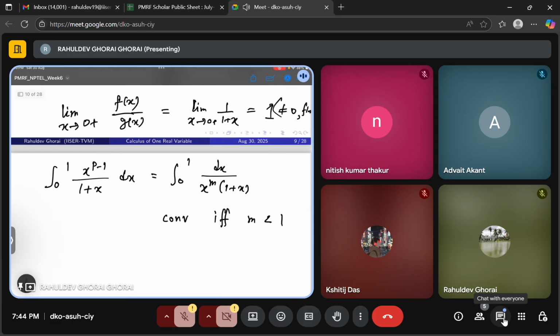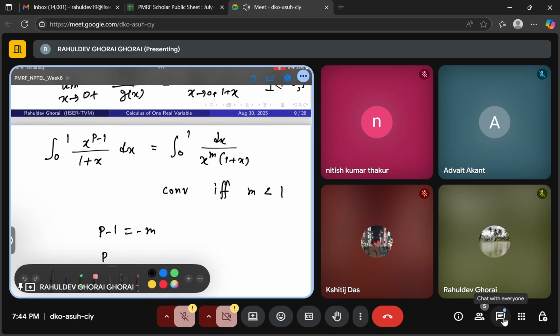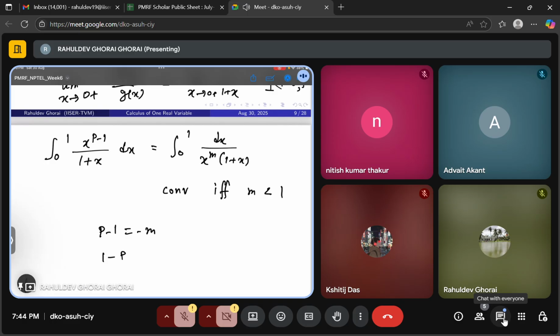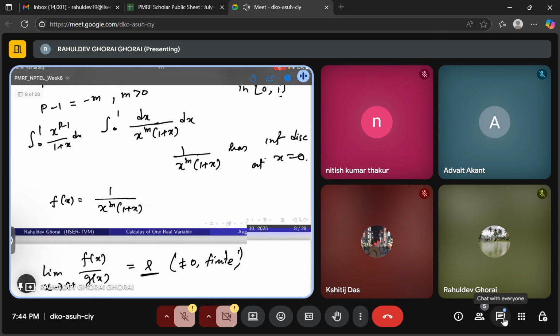And what is the p value then? p minus 1 is equal to minus m, so it converges when m is less than 1. So p, you can write, 1 minus p is equal to m, has to be less than 1. That implies, that's what we have chosen, right? p minus 1 is less than 0.